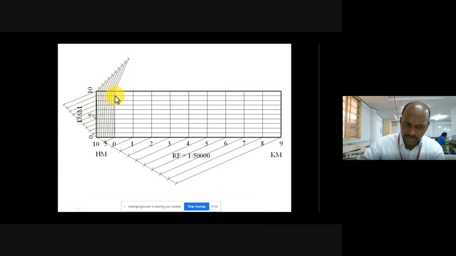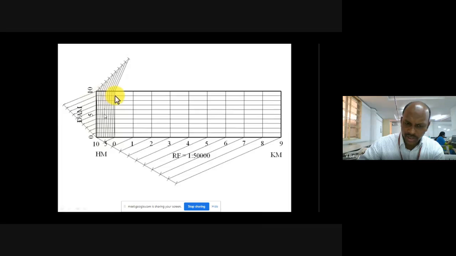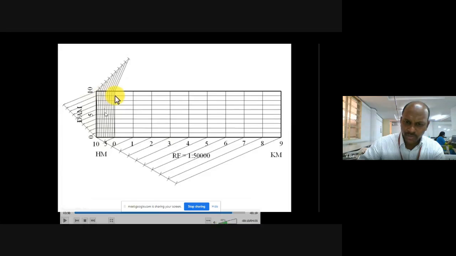Whenever you need to mark some hectometer with decameter, what are you supposed to do? You need to take the hectometer inclined line, go along with that line and draw a horizontal line from the required 6th decameter. So these two lines will meet at a point. That point you need to highlight. That is the required point.